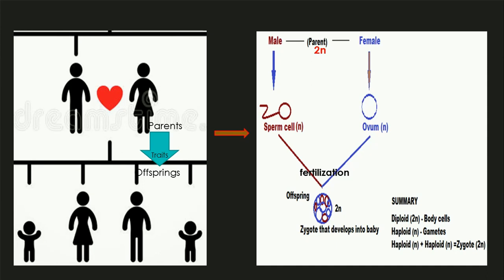So the genes of the male are found inside the sperm cell. The genes of the female are found inside the ovum. And during sexual reproduction, fertilization takes place. They fuse together and form a zygote. The zygote develops into a new offspring or baby or individual. So by that time, such a baby has acquired the genes from the parents.